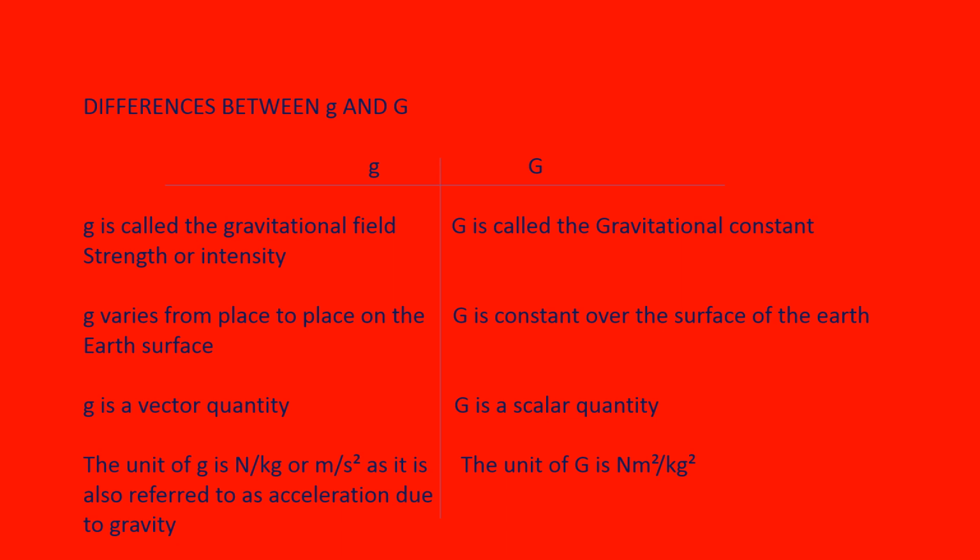So these 4 differences are enough for you to memorize or understand and be able to confidently beat your chest anytime you are asked the differences between our gravitational field strength and our gravitational constant.